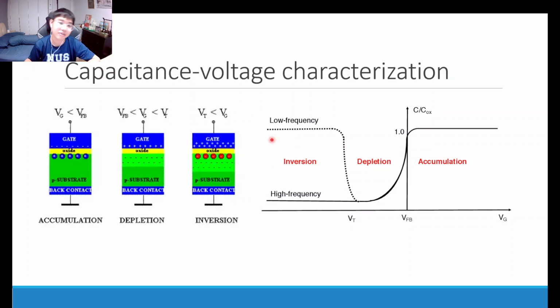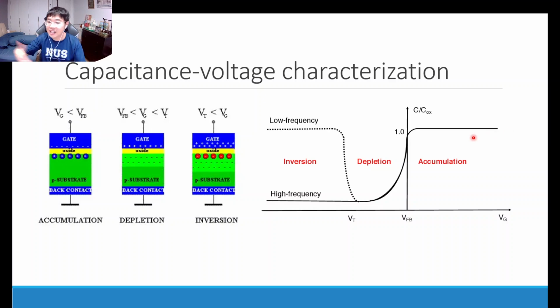However, if the AC modulation applied to the metal oxide semiconductor stack is of a low frequency, the inversion layer itself can respond to this AC frequency, and therefore the measurement will not be able to see the inversion layer in that sense, and the only capacitance that is observed is the oxide layer. Therefore the capacitance of the entire stack goes back to the original capacitance of only the oxide layer that we saw in the accumulation region.